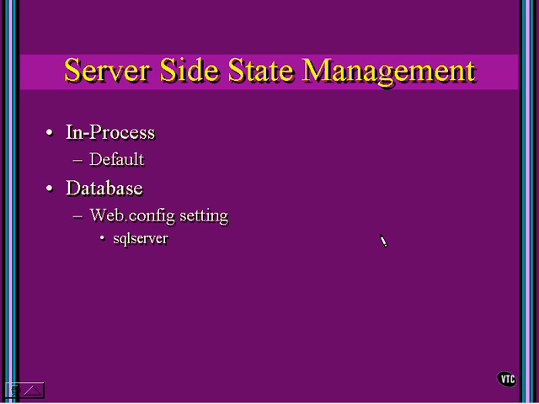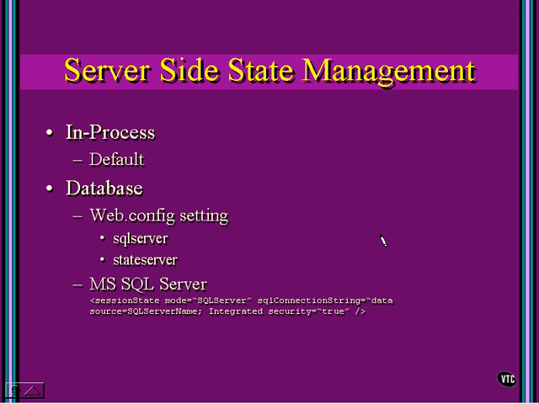We can choose to send our information to SQL Server, or we can choose to send it to a state server. Now, if we choose SQL Server, we're going to go into this web config setting, and we're going to set SQL Server. Notice right here, session state, and we'll talk about how to do this a little bit later. We're going to set the mode as SQL Server.